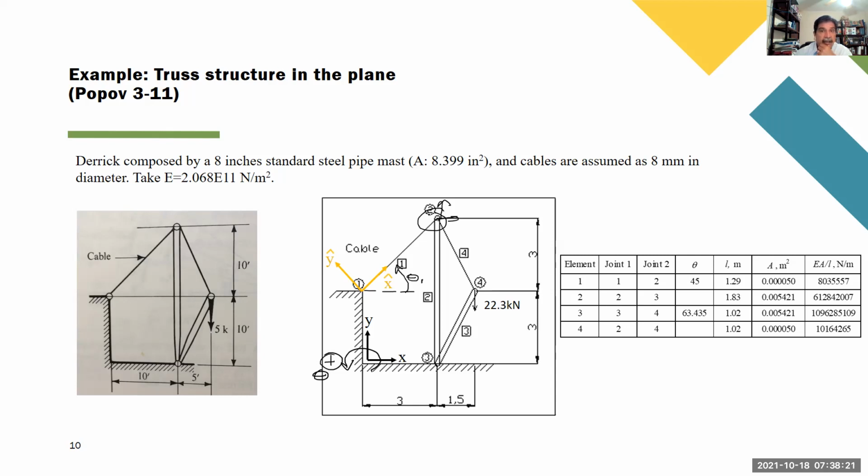Similarly, the force that I apply here is to be split, and one part of that will be taken by element 1, by element 2, and the rest by element 4. So again, here I have an external force, and that external force is going to be divided into a piece that will be taken by element 1, by element 2, and by element 4. Similarly for joint 4 and for joint 3.